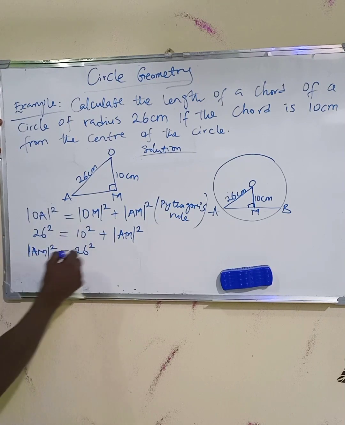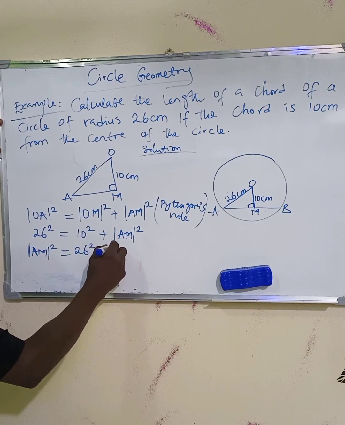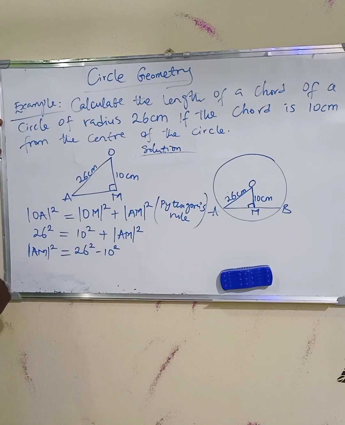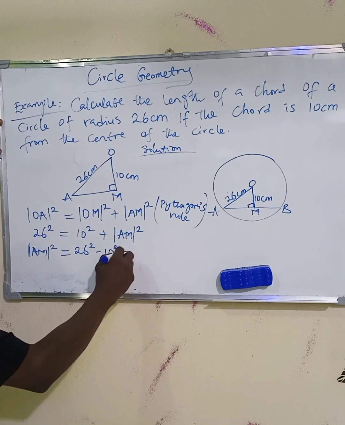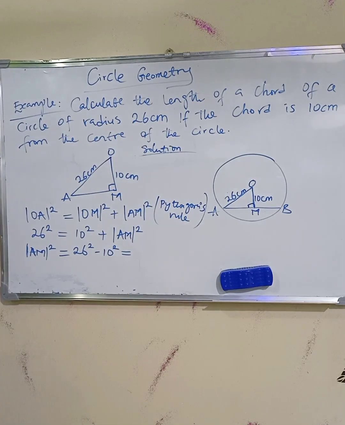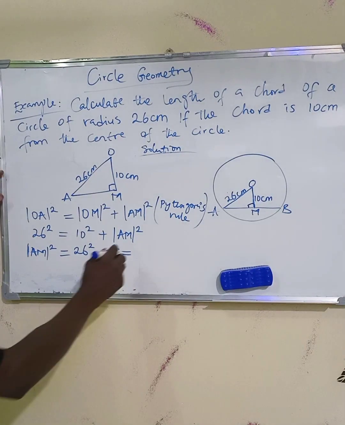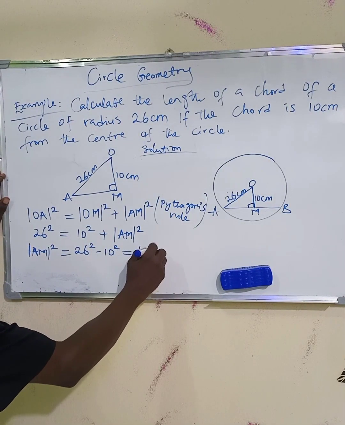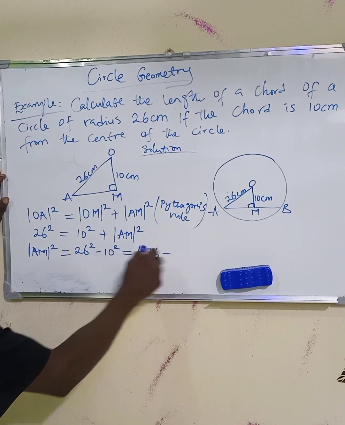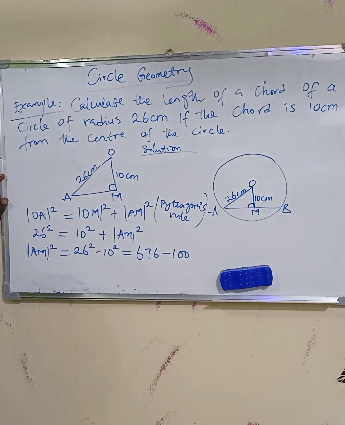This 10 crosses and becomes minus 10 squared. And don't forget, 26 squared will give us 676. So I'm going to get 676 minus 10 squared, which is 100.